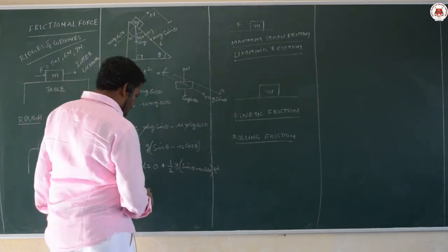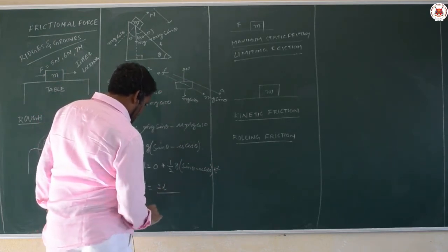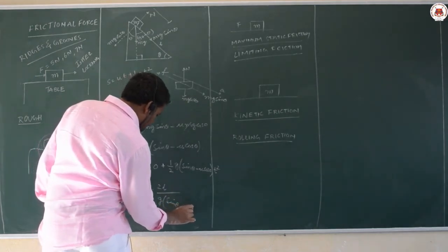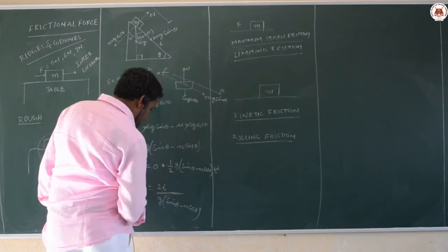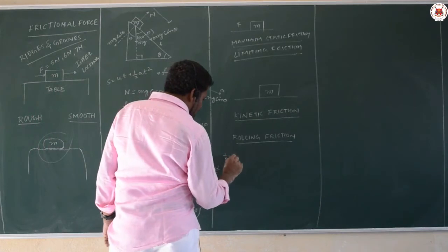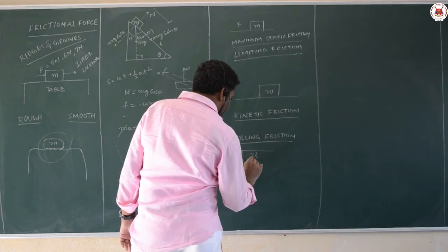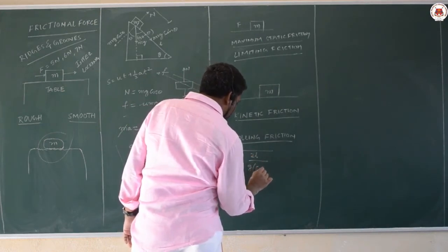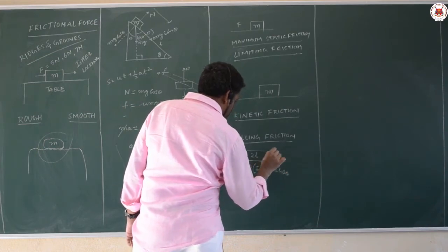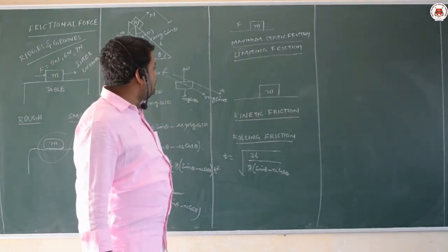So t square is equal to 2L by g into sin theta minus mu cos theta. From this, t is equal to under root of 2L by g into sin theta minus mu cos theta.